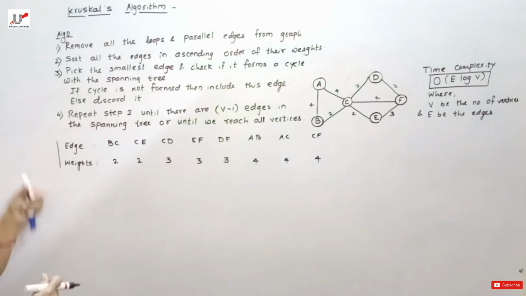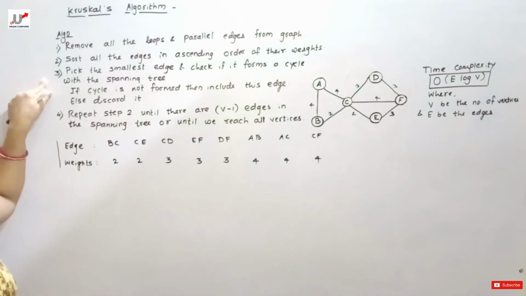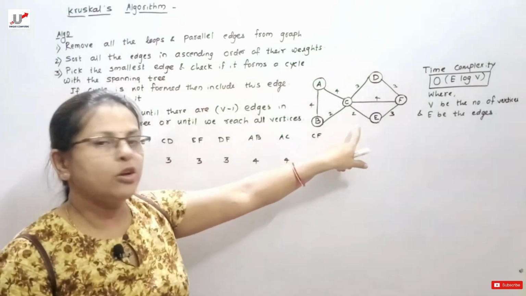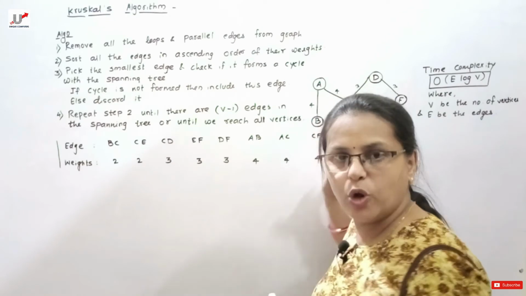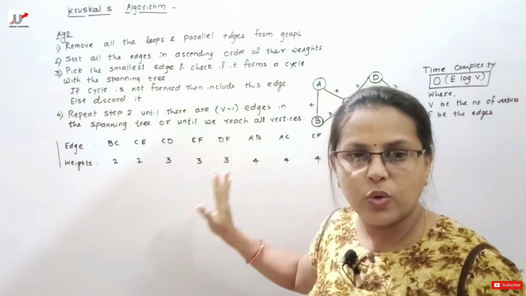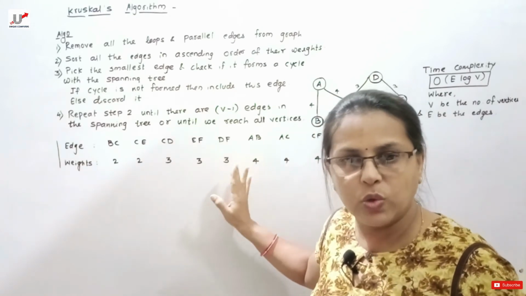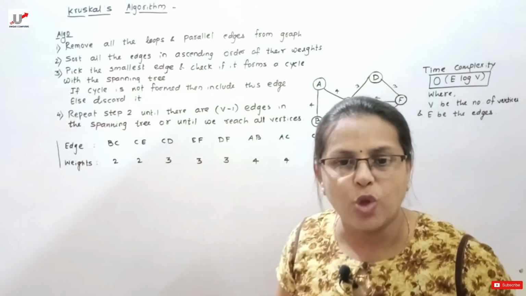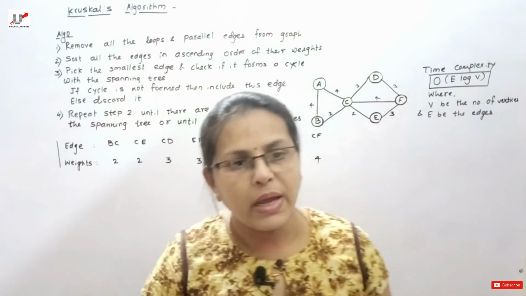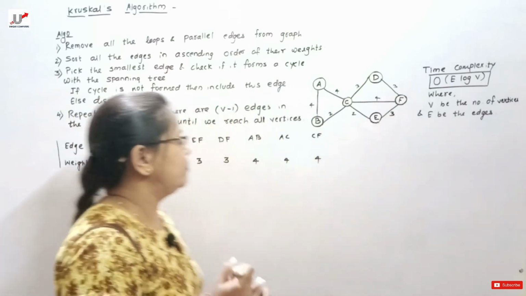Now, we have to pick the smallest edges to find out the minimum spanning tree of this graph. While constructing a spanning tree, you should mostly prefer to keep the vertices or nodes at the same location. It is not the rule, but it makes construction easy.